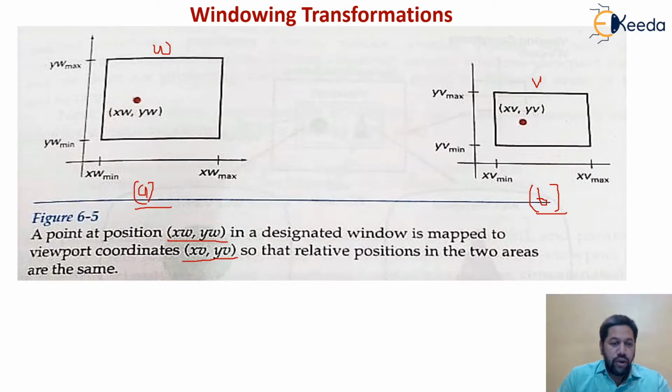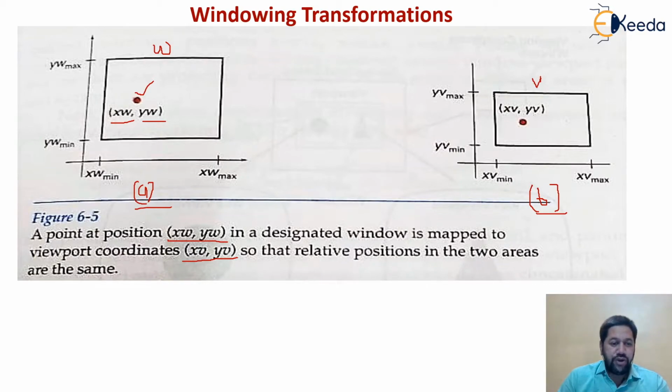Now this is my original point, which I have captured in the world coordinate system, and it is represented with the values xw comma yw. Along with this you can find the window edges.